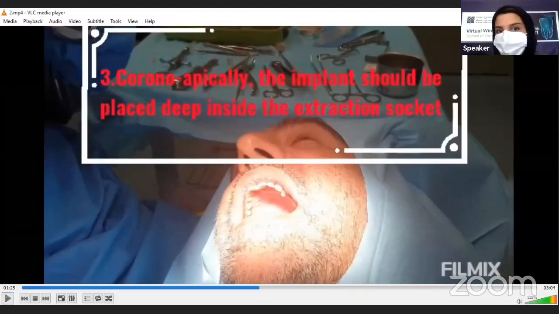Pay attention, chronoapically, the implant should be placed deep inside the extraction socket, about 4 millimeters deeper than the root of the tooth, to achieve proper primary stability.